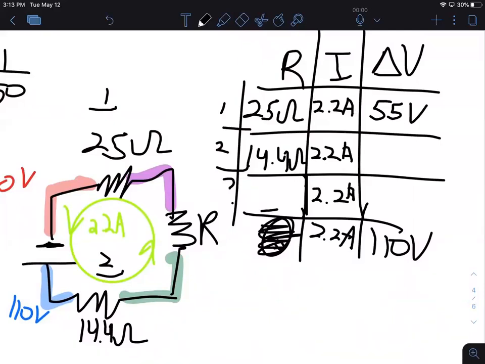14.4 times 2.2. That one we're going to put into a calculator. 14.4 times 2.2. 31.68. Sure. Volts.